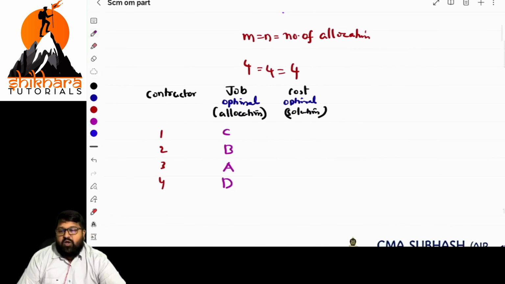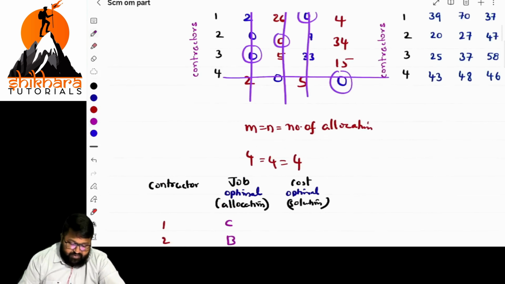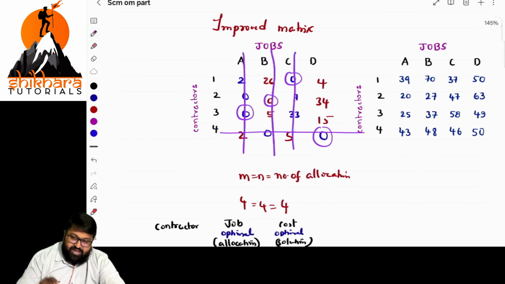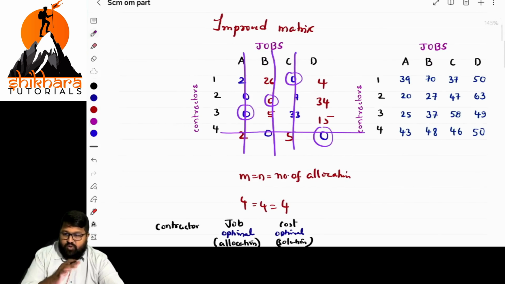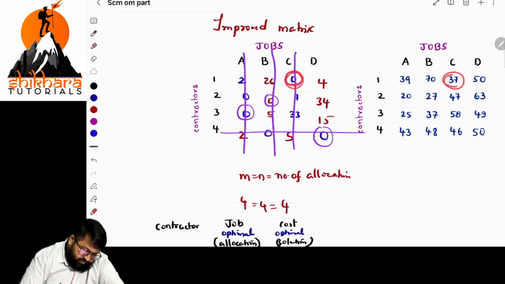So we made the allocation. Now, what is the solution? Just compare our last matrix with the question given. For 1, we have C, and the value is 37.